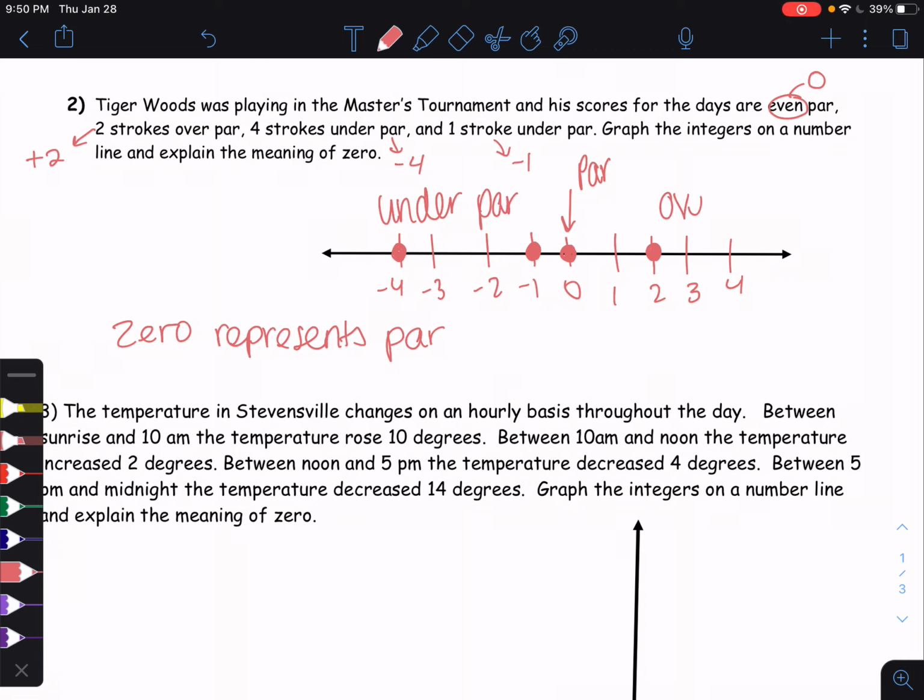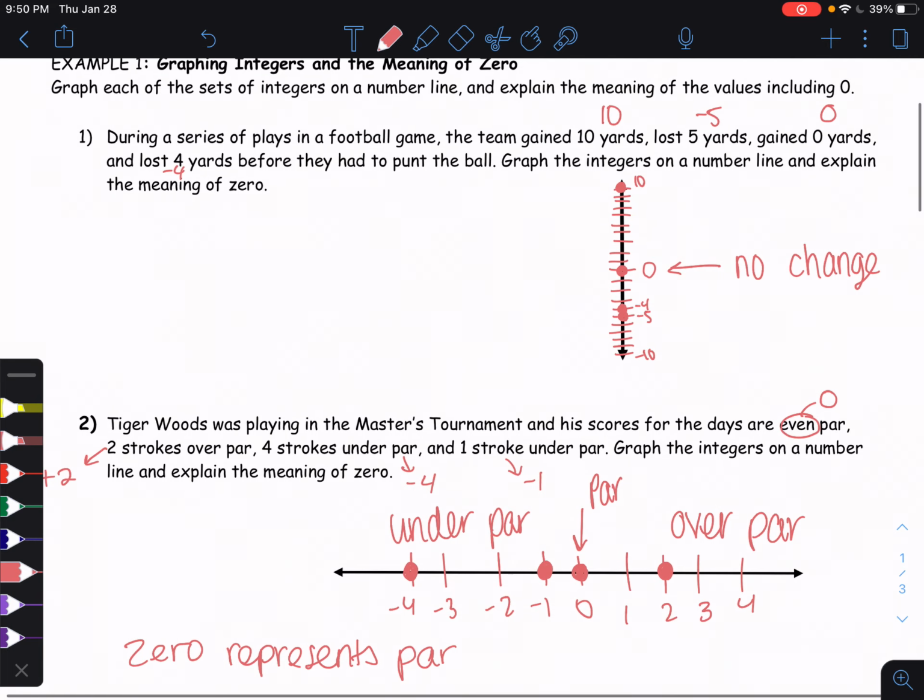These scores are over par. So this must be par. So on the football one, if I'm talking about under par and over par, this would be gained. This would be lost. So 0 is going to represent no change.